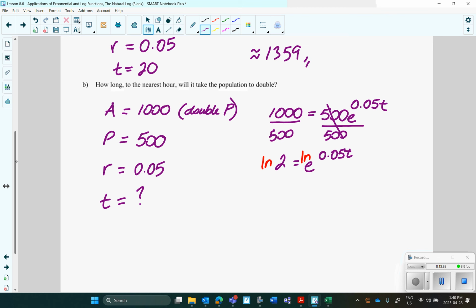If there's an e in there, you're using ln. So ln 2 equals, well, now I can use my power log law to bring the exponent in front, which is what I wanted to do.